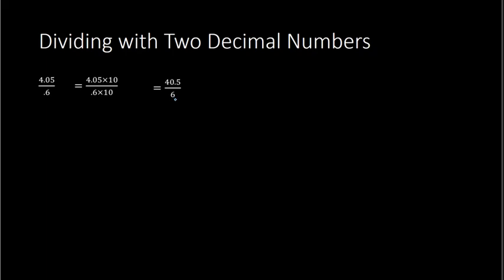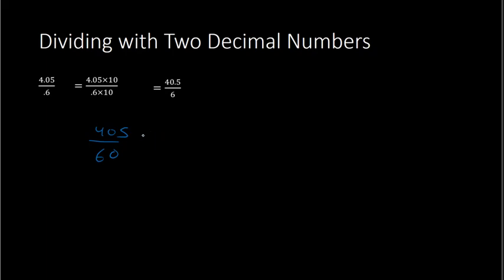So I now have 40.5 divided by 6. This bottom has no decimal anymore. Alright, so now this would be exactly the same as the last problem, where we had 40.5 divided by 6. And technically, if you wanted to, you could multiply the top and the bottom both by 100, and this would become 405 over 60.